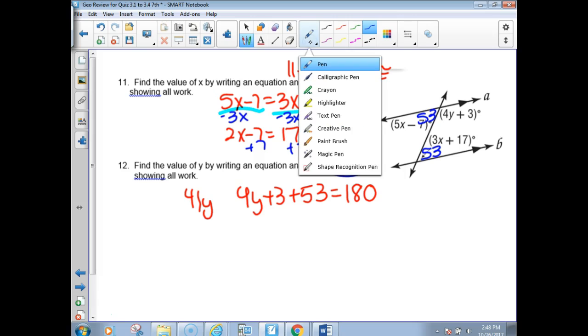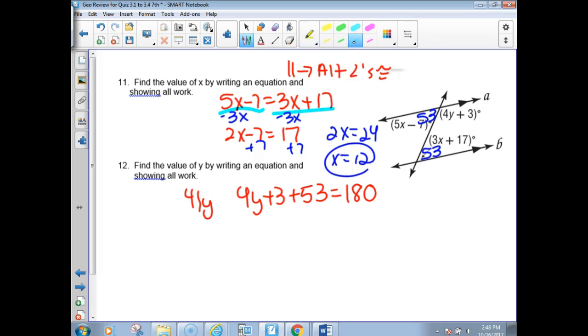Okay, so then next, because you're going to have problems like this on your quiz today, you go, all right, now I have to find y. So I have to either do this, which means these form a linear pair, or I look at the fact that these are consecutive interiors, which are supplementary.